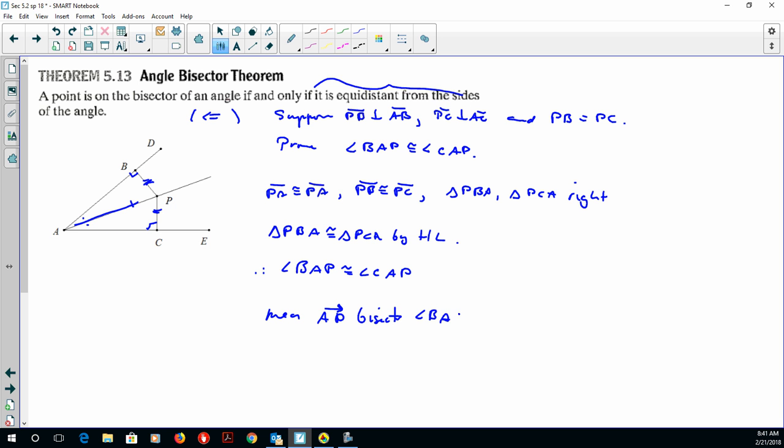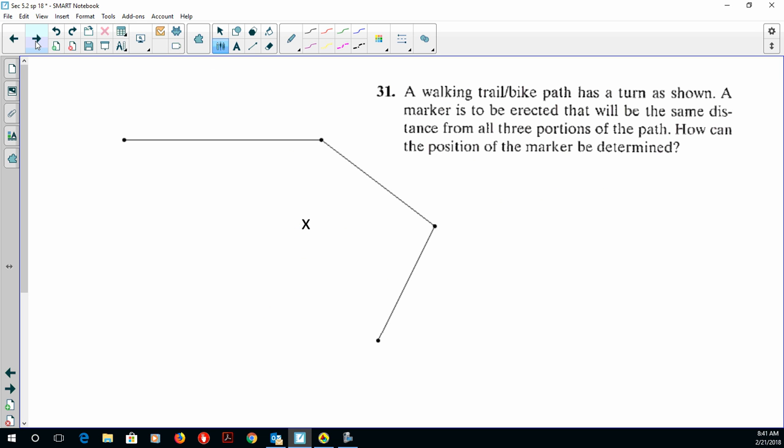Here's one, and this ought to be fun because I'm going to try to use some of the tools on the smart board here to prove this. This is number 31. I've kind of made a simplified version of it here. We have a walking trail or bike path that has a turn this way, so it doesn't have any curves. It has pretty abrupt turns in it.